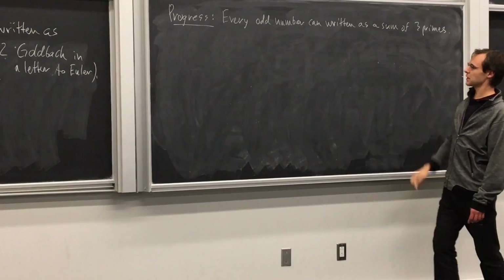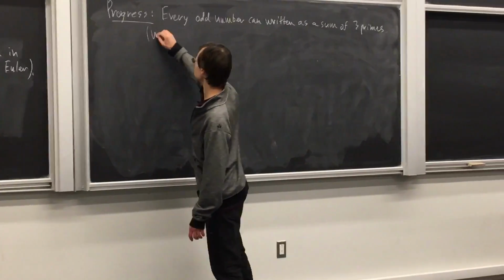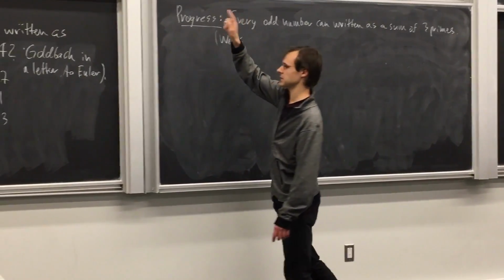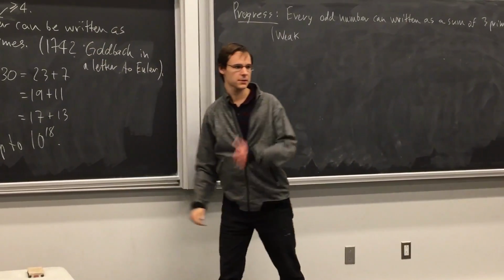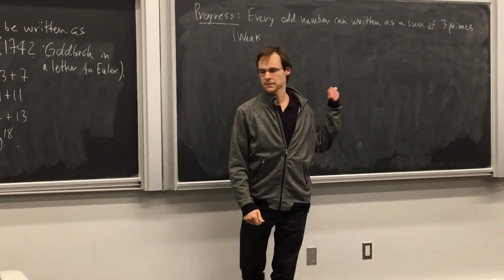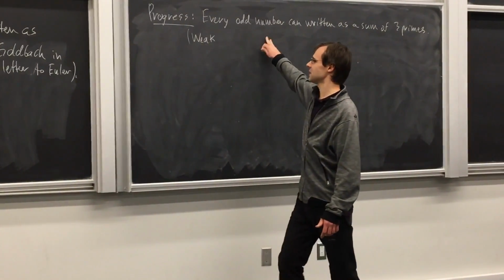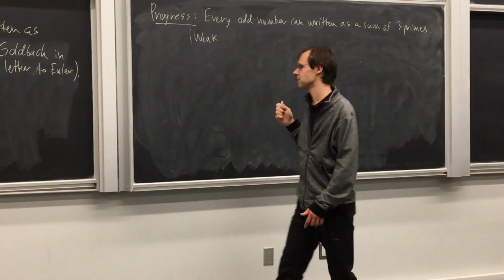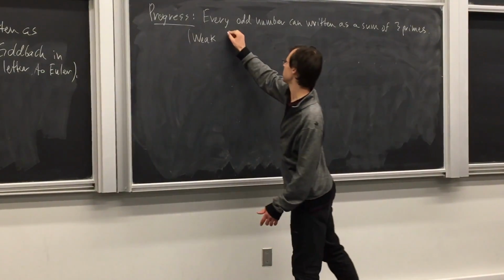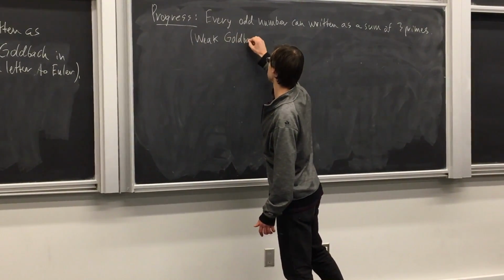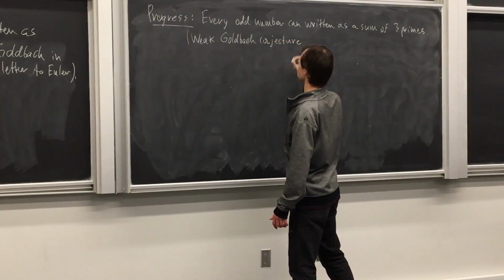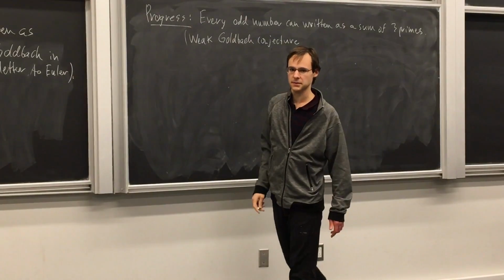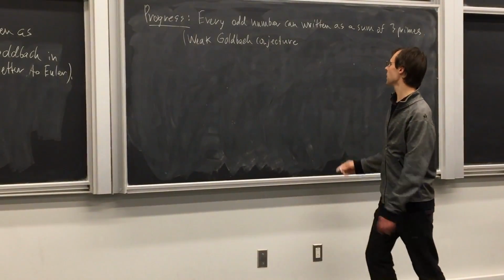So this was called the weak Goldbach conjecture. Why? Because this result is weaker than this one, in the sense that if somebody can prove this, this result would follow quite quickly. Okay? However, if someone proves this, they can't conclude that. It's a one-directional implication. So this was called the weak Goldbach conjecture, also conjectured by Goldbach in the same letter, as a natural consequence.